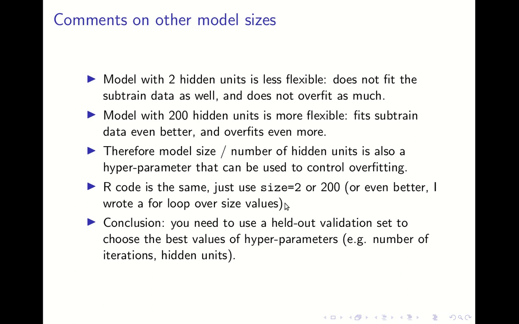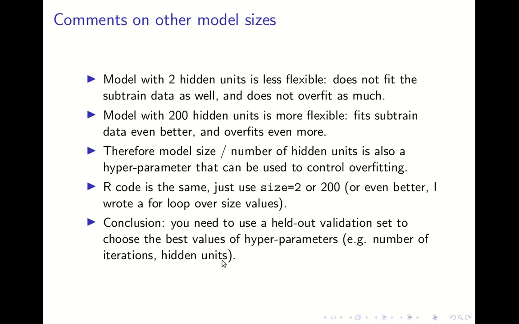And so finally, the big take-home message of this part of the tutorial is that you definitely always need to have a held out validation set to choose the best values of hyperparameters. The hyperparameters that we saw here are the number of iterations and the hidden units.